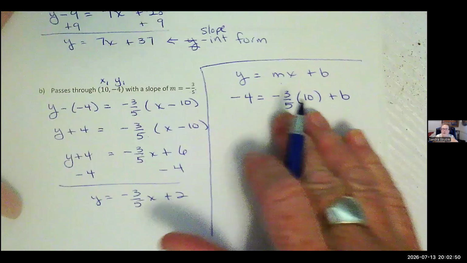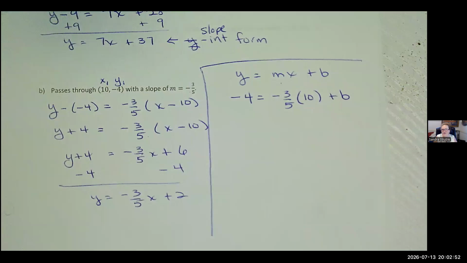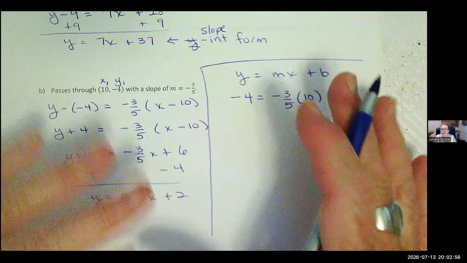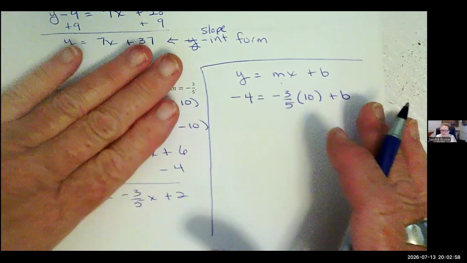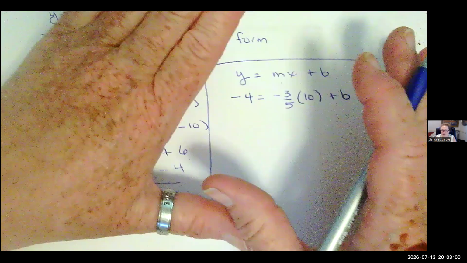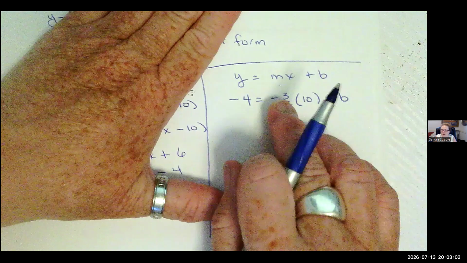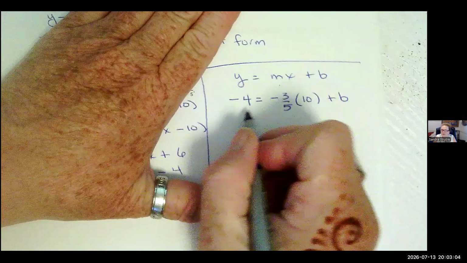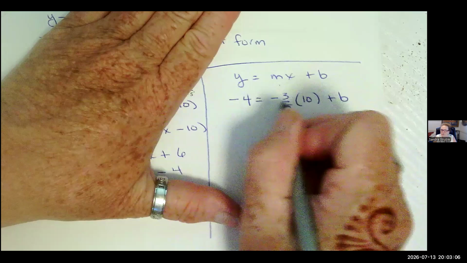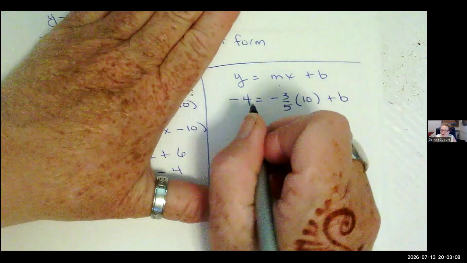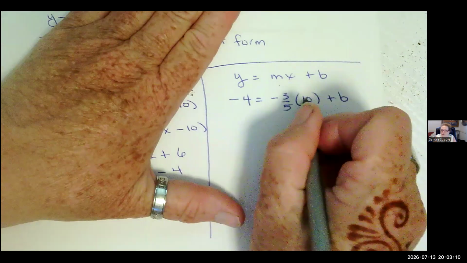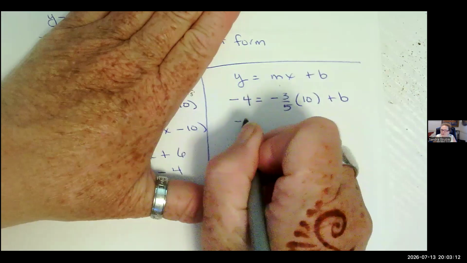Let's do this how I would normally have you do it, because this is a very rare occasion that it works out nicely. So if you were to do this on a regular basis, and you've got a fraction for a slope, I'm going to tell you to multiply every single term by the 5. Let's go ahead and multiply the negative 3 times 10 first. So negative 30 over 5 plus b.